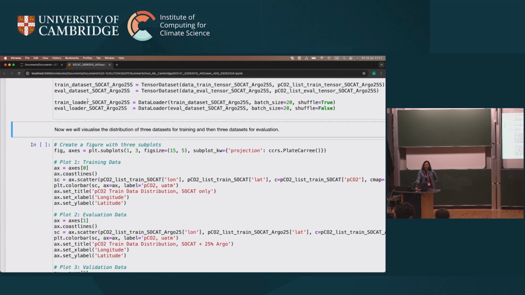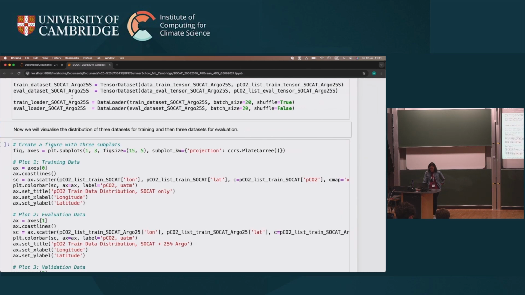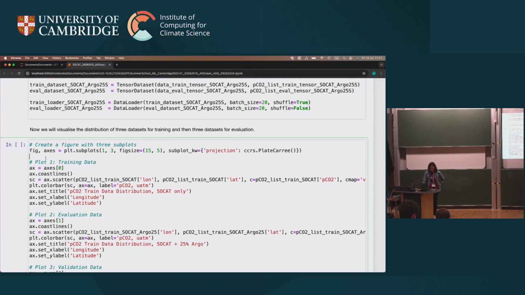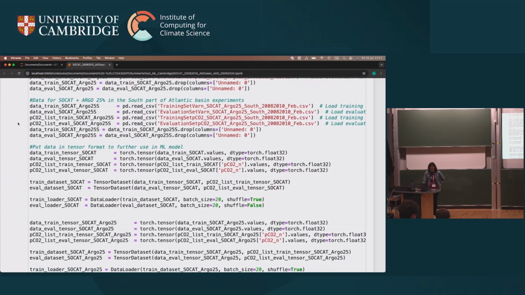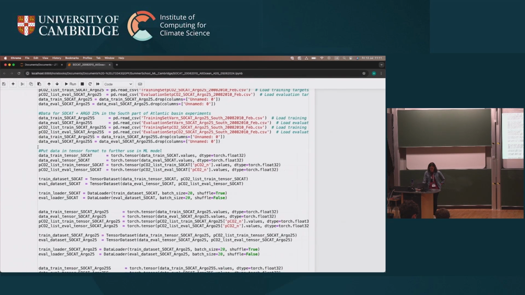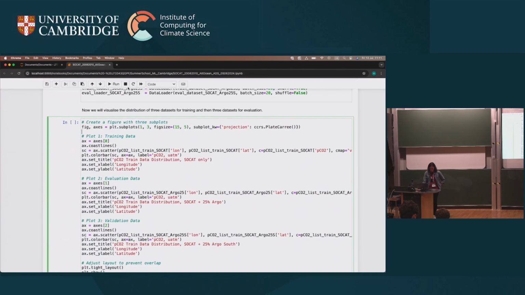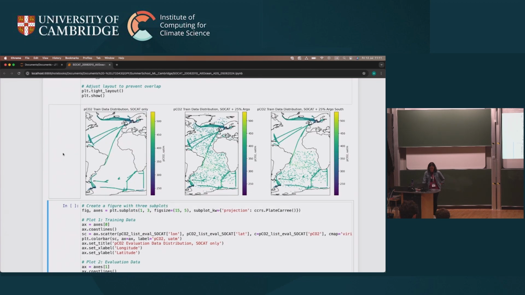Within climate science, it's quite important to understand what we have and to analyze our data. In this step, we will visualize our data. You should have something like this for the training data.